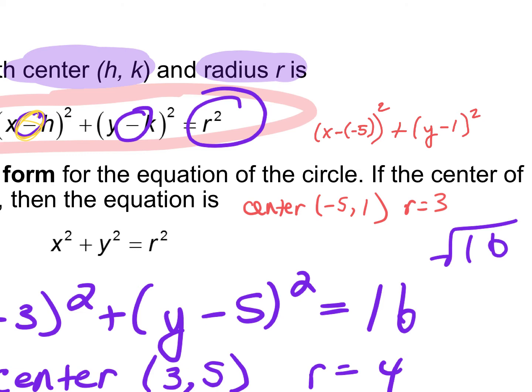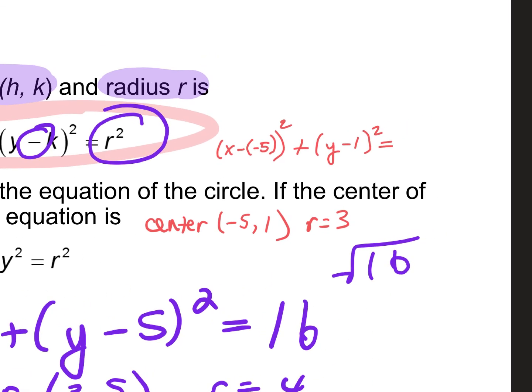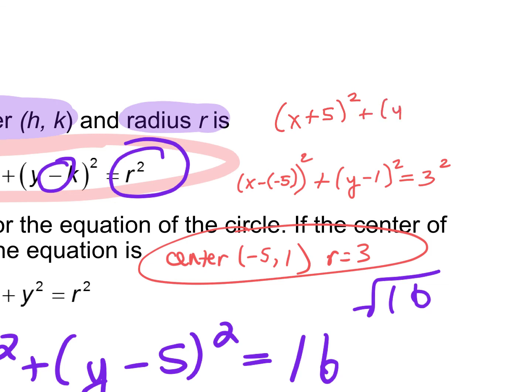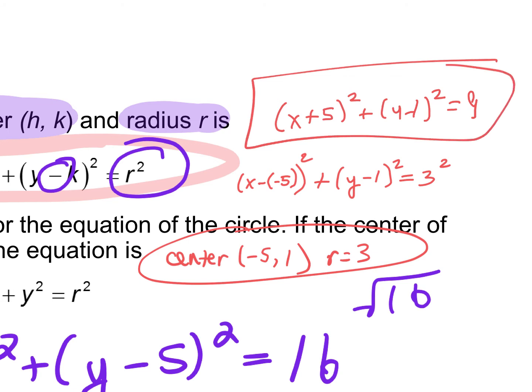And then what would my radius be? 3 squared, right? So this equation, given this information, would be x plus 5 squared plus y minus 1 squared equals 9. Good, very good. It's a good question. So you see why the signs change.